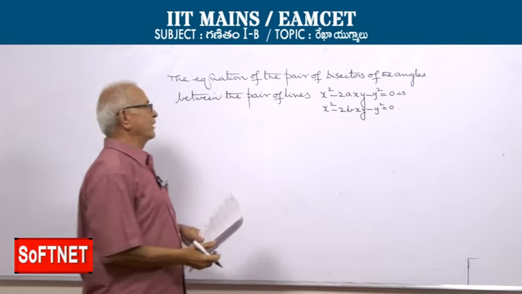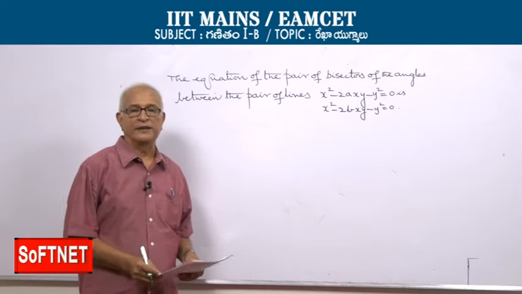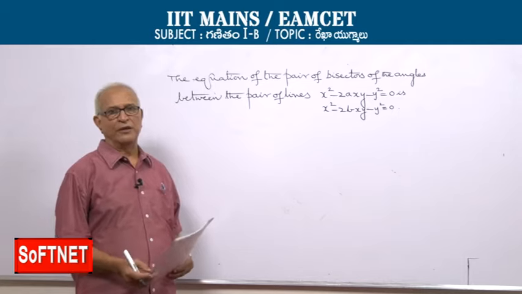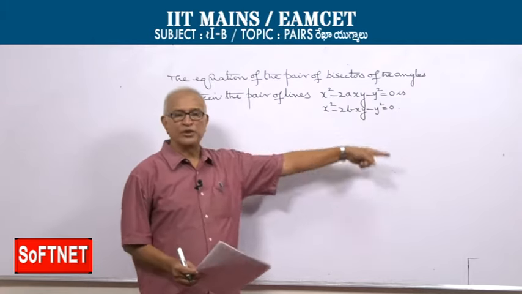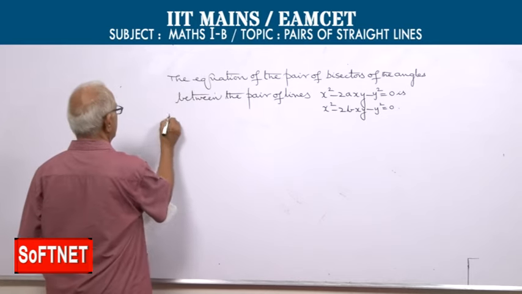Follow? The combined equation of the two lines bisecting the angles between the pair of lines x square minus 2axy minus y square equal to 0 is given as x square minus 2bxy minus y square equal to 0.